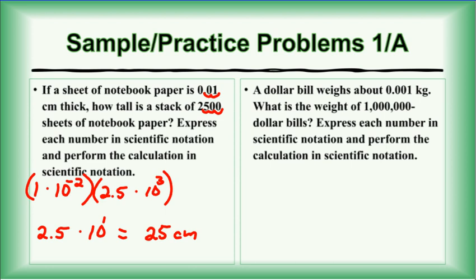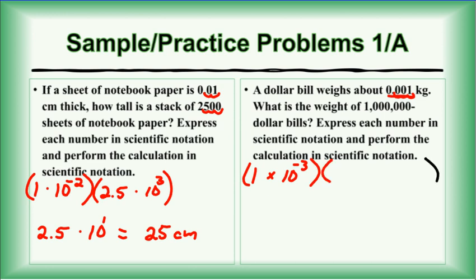Next problem, a dollar bill weighs about 0.001 kilograms. What is the weight of $1 million bills? Express each number in scientific notation and perform the calculation in scientific notation. So this first one, put that in scientific notation. I know that it's 1 times 10, and I moved it 1, 2, 3 places to the right, so negative 3.